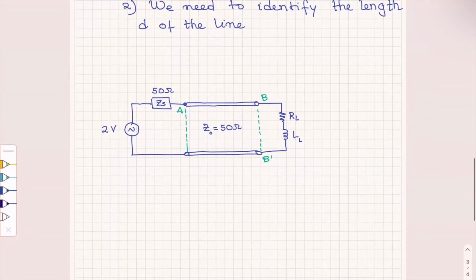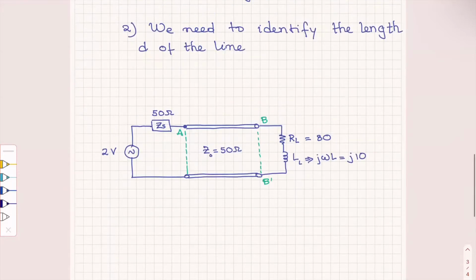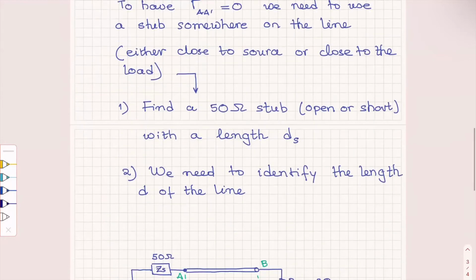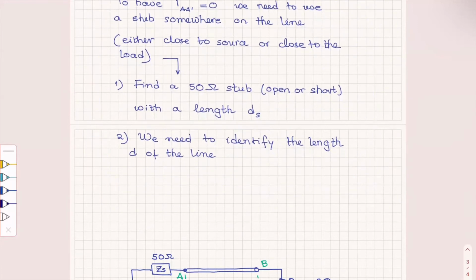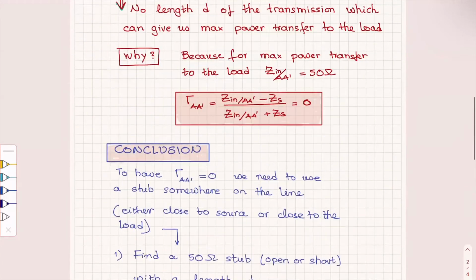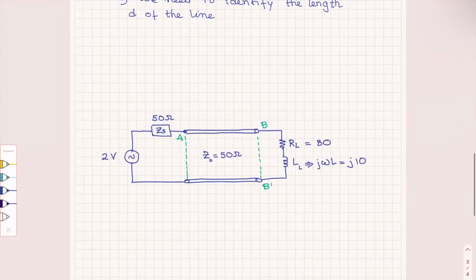All right. Then what did we say? This is 80 ohms. J10. Okay. And let me make that smaller. All right. Now we have to place a stub.